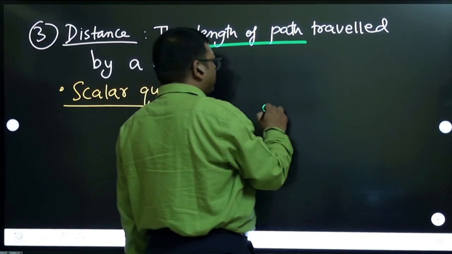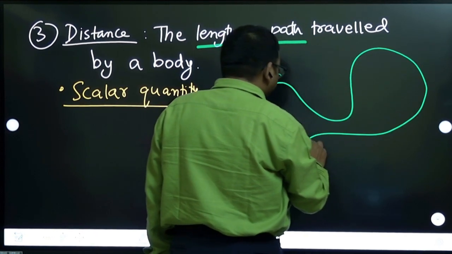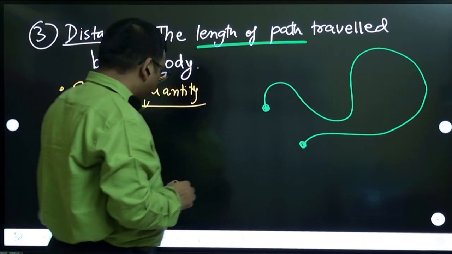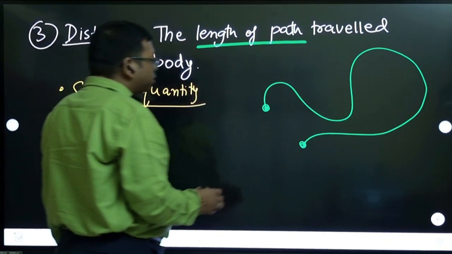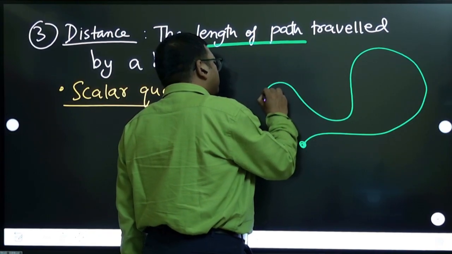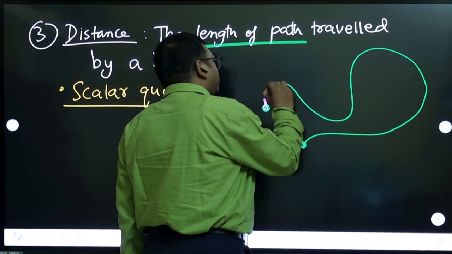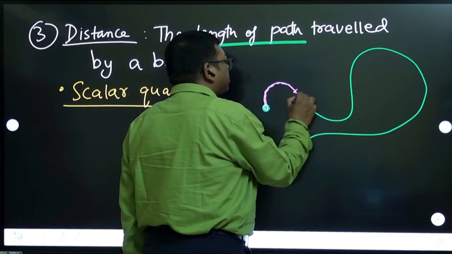Suppose, for example, a body goes like this, like this, like this, and it comes here. In that case, how to calculate distance? You have to calculate the sum of all these lengths. Total length, you need to keep on adding.